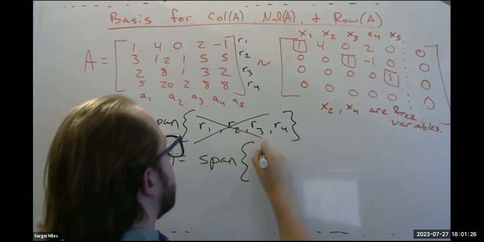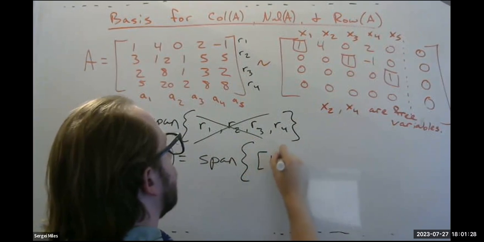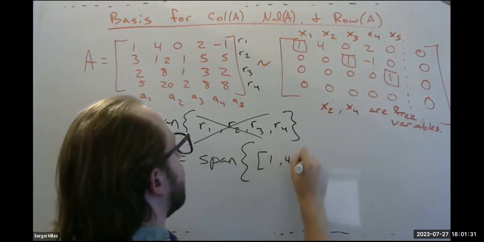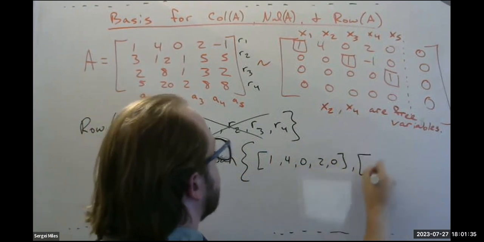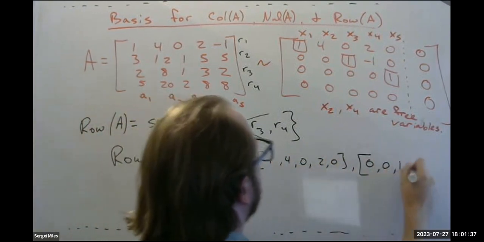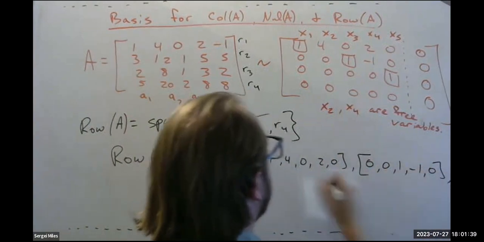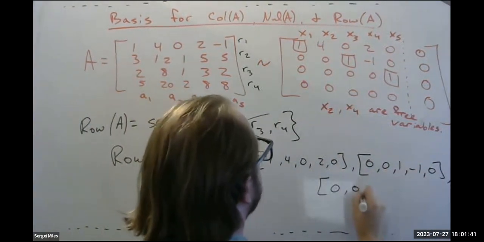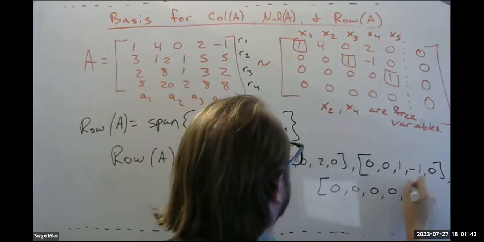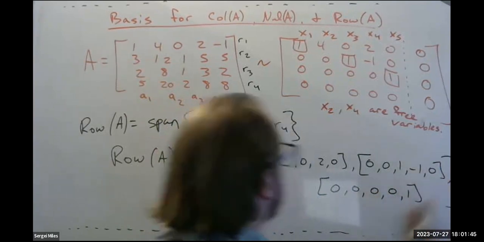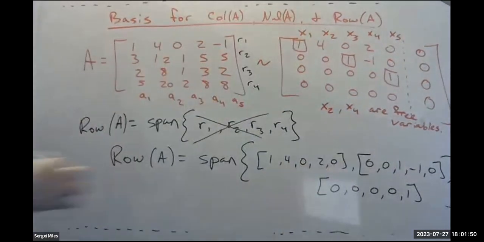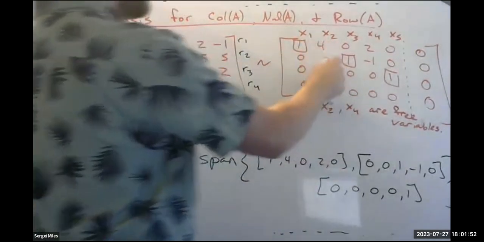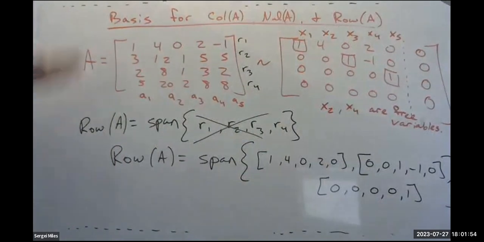For a row vector, I'm just going to write it as a row: 1, 4, 0, 2, 0, then 0, 0, 1, -1, 0, and lastly 0, 0, 0, 0, 1. My row space is the span of the reduced rows because the row reduction preserves the row vectors.